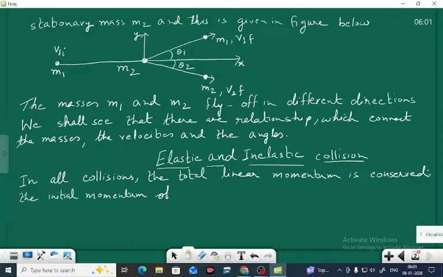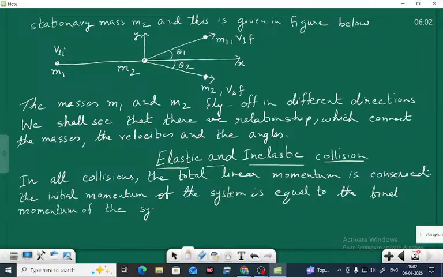The initial momentum of the system is equal to the final momentum of the system.